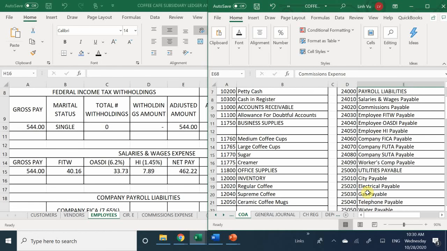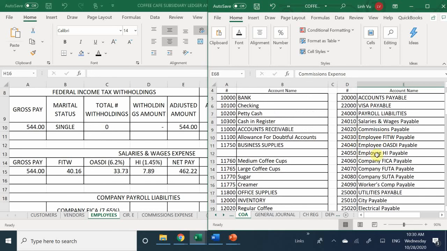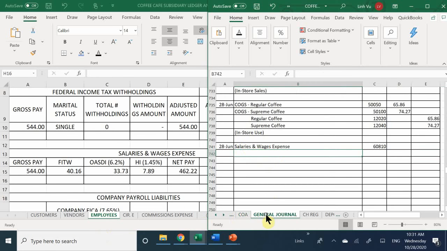So we have to break it down, and it's going to be based on right here. We have employee OASDI, we have employee FITW payable, and we also have HI payable, and they're all employees. Those are all account numbers. Now these are liabilities, right?